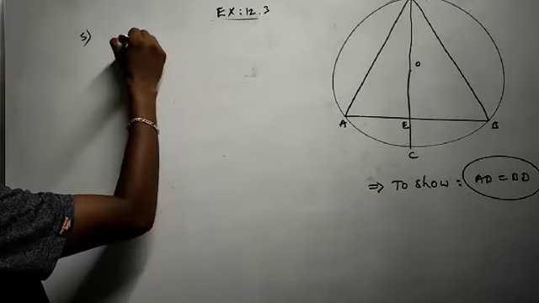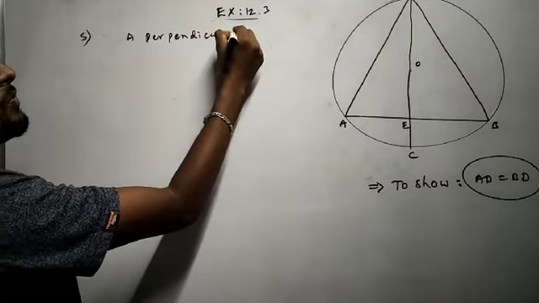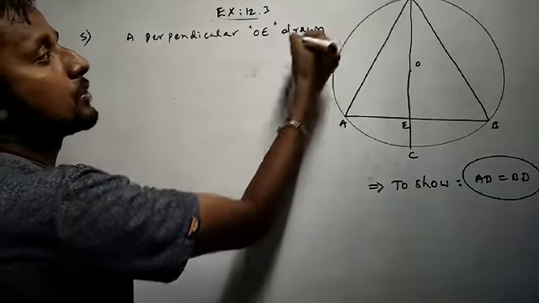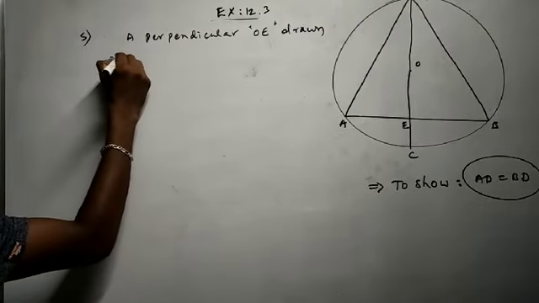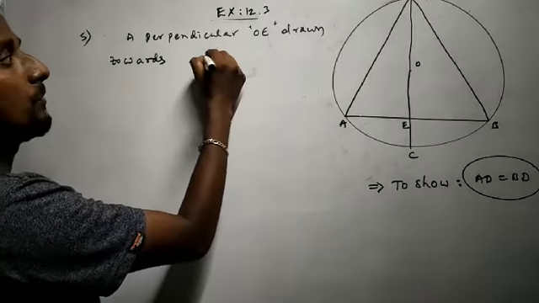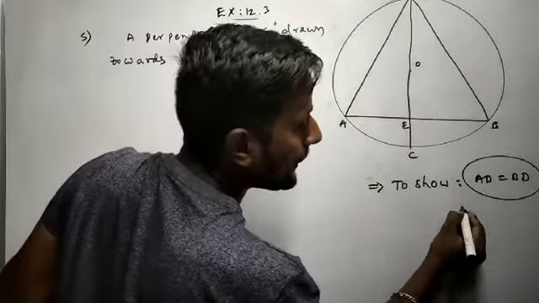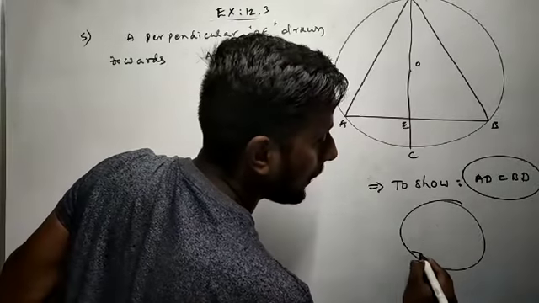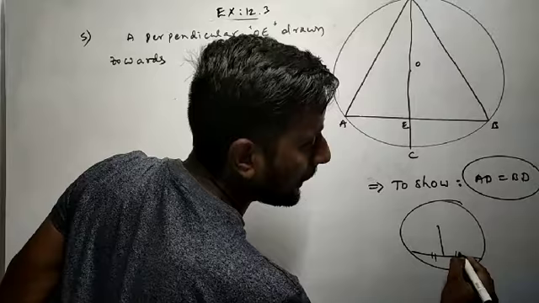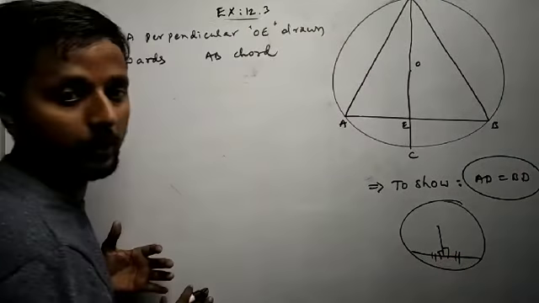Now a perpendicular OE is drawn towards the chord AB. I told you already in the starting, if you take a circle and if you take any chord, if you draw a perpendicular towards the chord, the perpendicular divides the chord into two equal parts and also makes a 90 degree angle with the chord, correct?